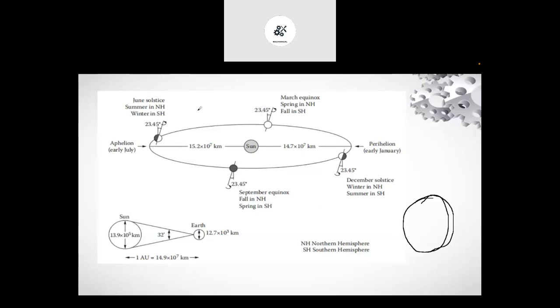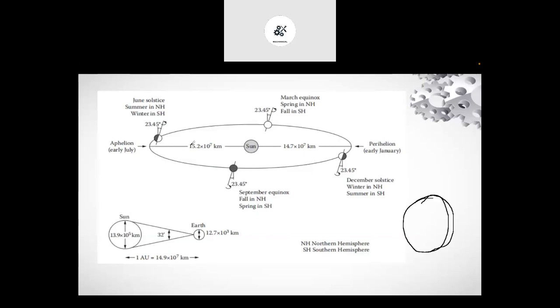As we know, the earth orbits the sun in an elliptical path, or elliptical orbit. Because of this elliptical orbit, there are 2 points where earth is very near to the sun, and there are 2 points where earth and sun have the largest distance.